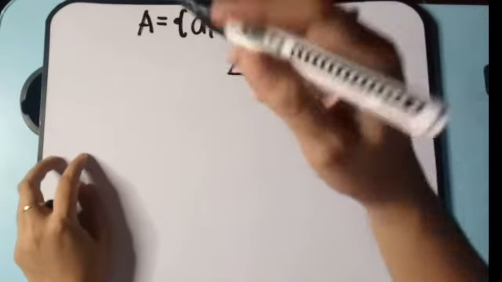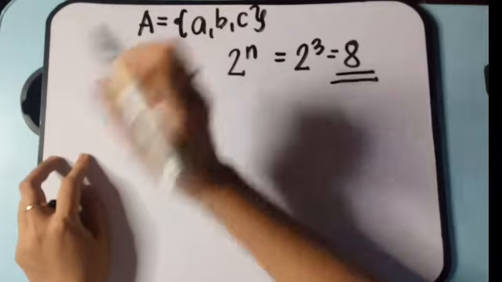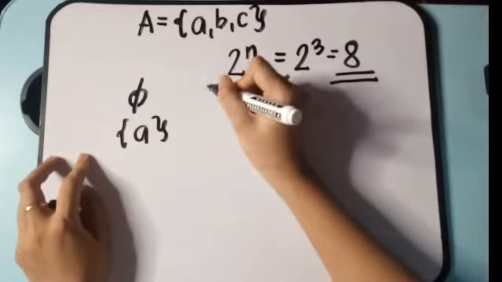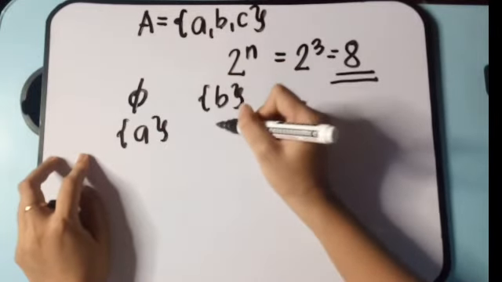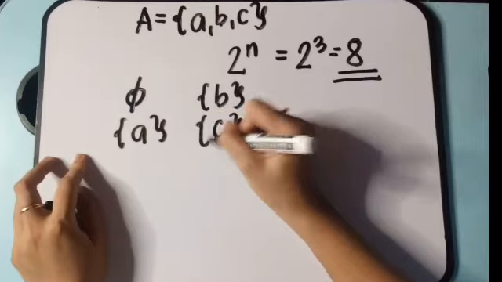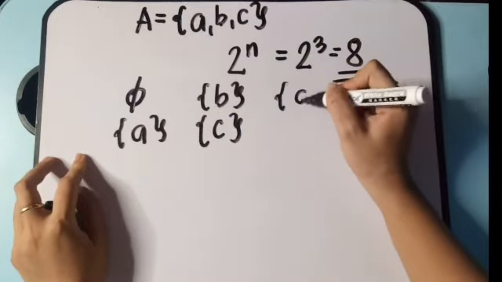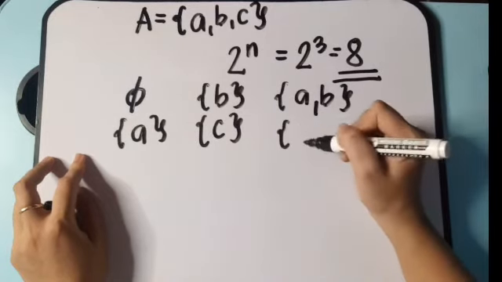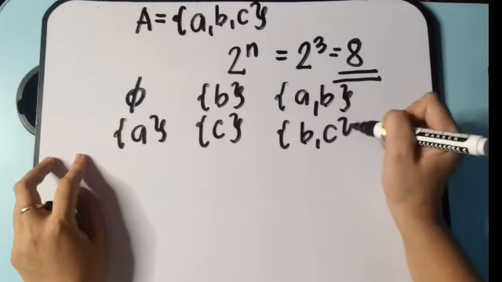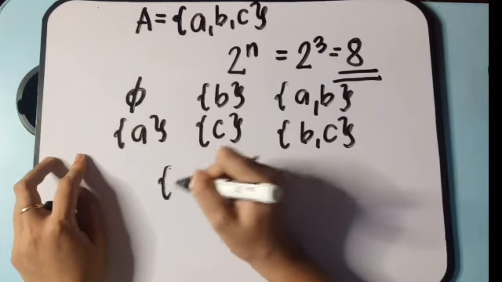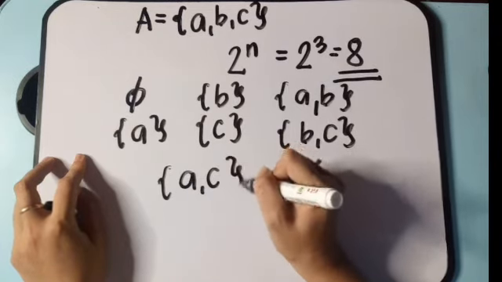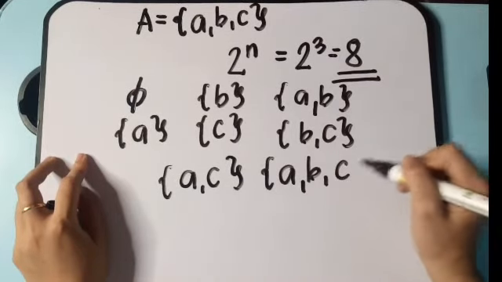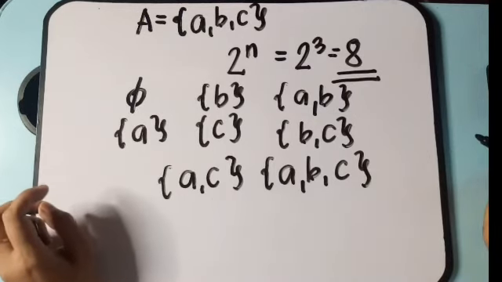Okay? Which are the empty set, this set of A, this set of B, set of C, set of A and B, set of B and C, set of A and C, and the set of itself, which is A, B, and C. Ayan.